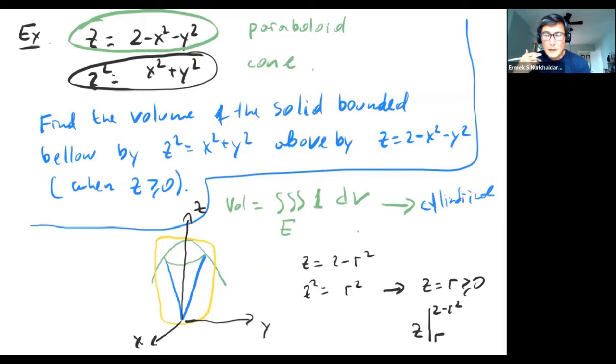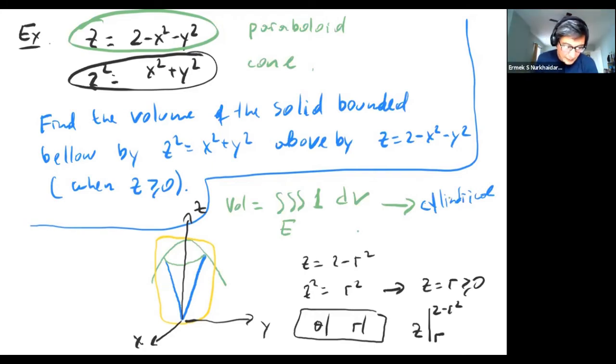Now let's figure out the limits for r and theta. We notice our region is sitting right here, the widest part for x and the widest part for y.